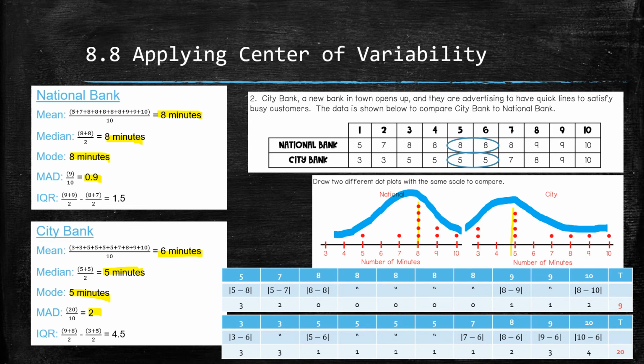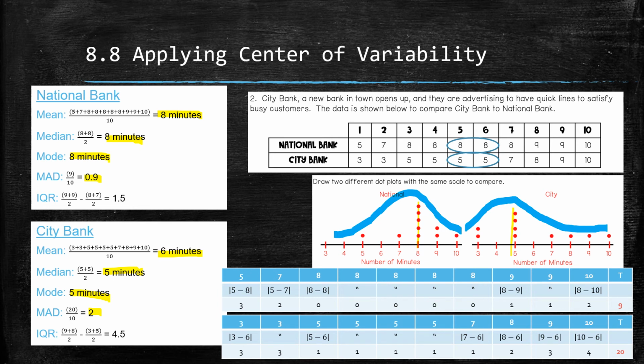That means the spread is much larger. If I add or subtract 2 minutes to 6, that means we have an average of 4 to 8 minute wait time. Whereas for National Bank, we have a little more than 7 to a little less than 9 minutes wait time.